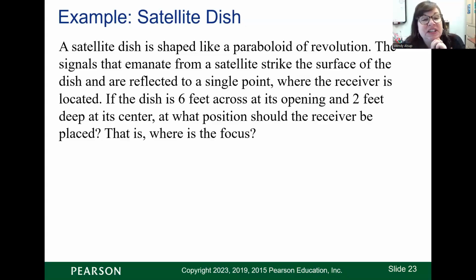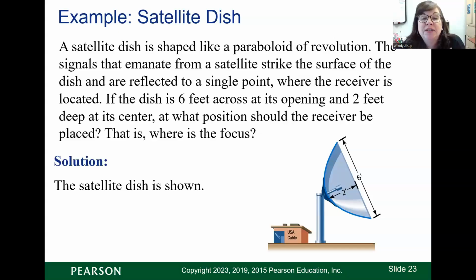If the dish is 6 feet across at its opening and 2 feet deep at its center, where should we place it? It needs to be placed at the focus. So we need to know where the focus is. All right, so 6 feet is the opening of the dish.